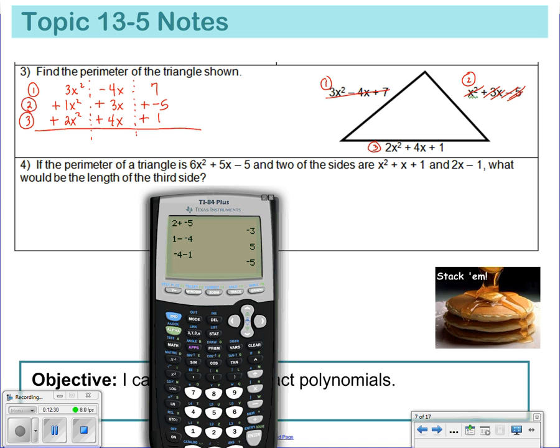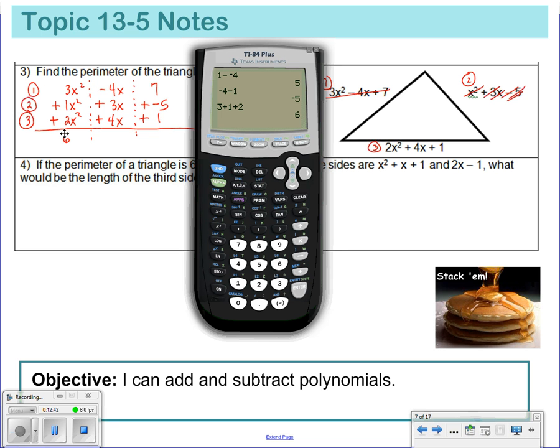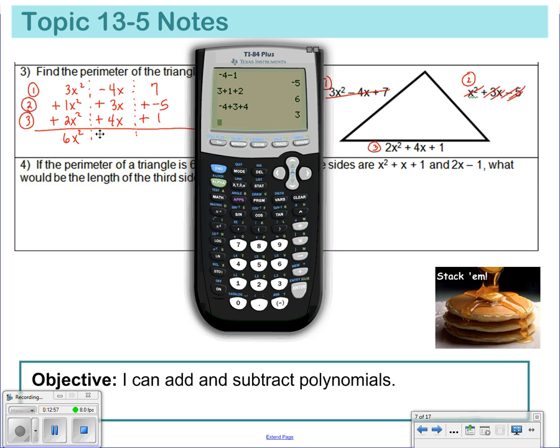Now when we add them up, just like in elementary school, we're going to add going up and down. So let's add our coefficients. First column, we have 3 plus 1 plus 2. Most of you could do that in your head. That gives us 6, and then we still have an x squared with it. The second column, I start off with a negative 4, so we're going to do a negative 4 plus 3 plus 4, and it gives us a positive 3.